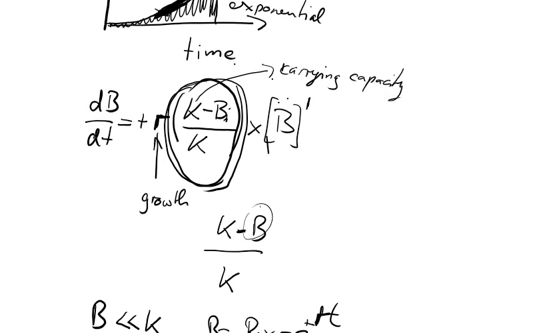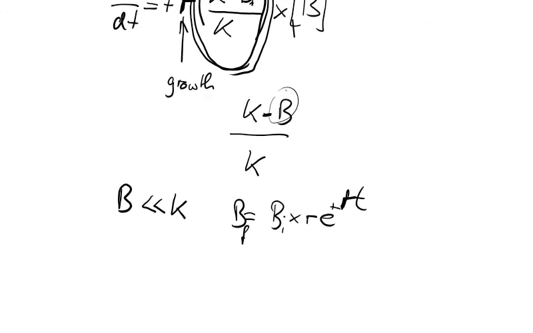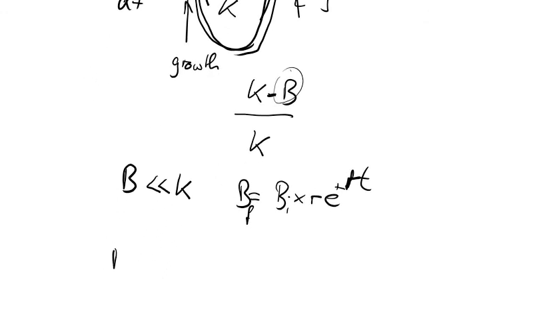What happens if B equals K? K minus B divided by K, if B equals K, what do we get?